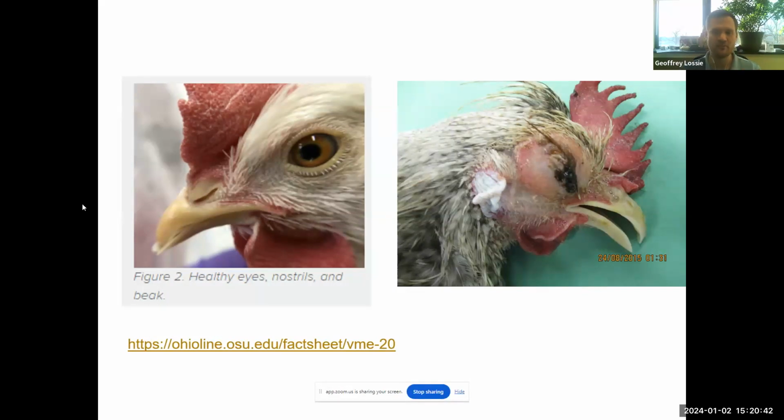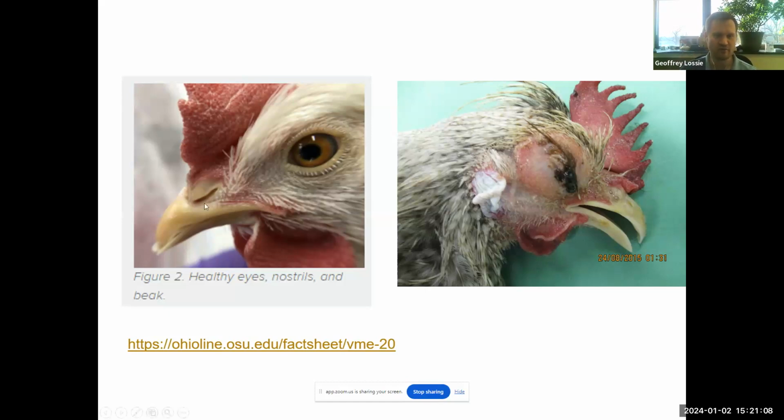What I mean by that is if you see signs of disease that are involving the eye, oftentimes you should be considering that this might be a respiratory disease rather than a primary ocular lesion.